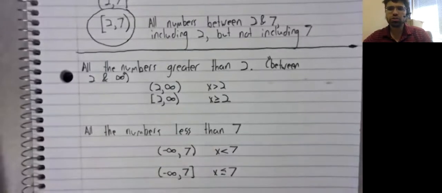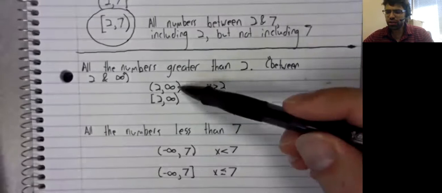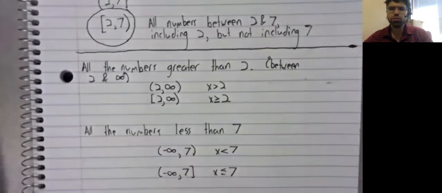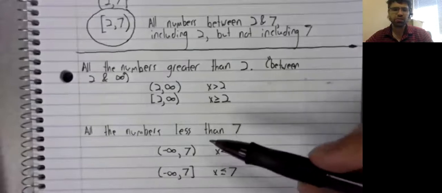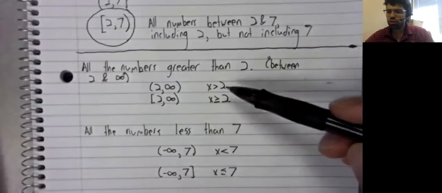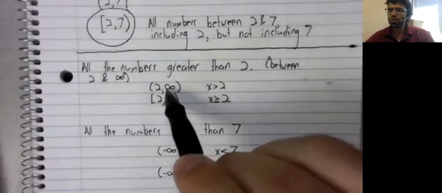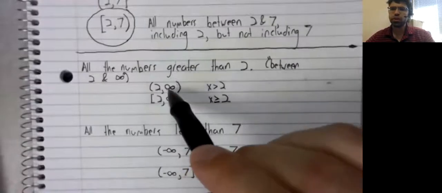Notice, in regards to closed brackets, in none of these 4 cases do we have a closed bracket next to the infinity symbol. Infinity isn't a number. We cannot include it in an interval of numbers, which is what this is. Also, one final note related to this, we use this notation very frequently.